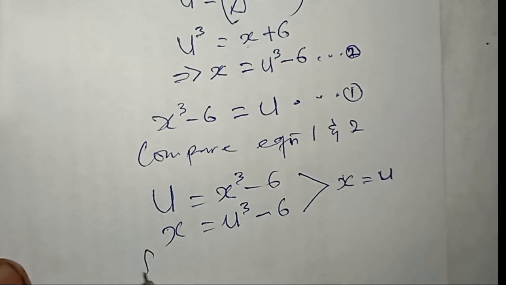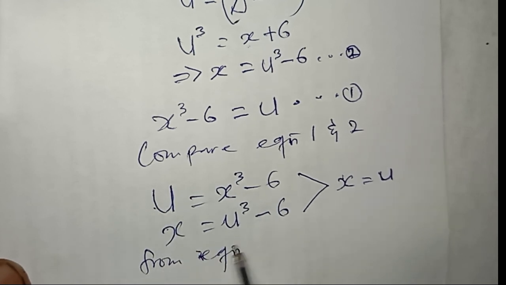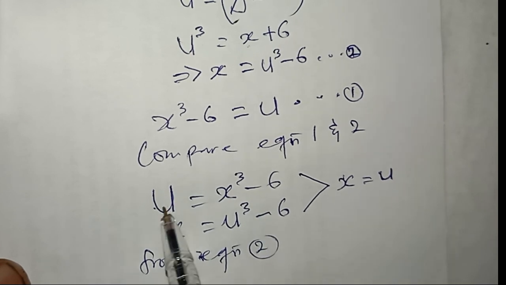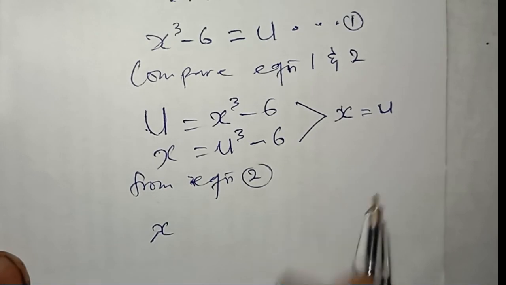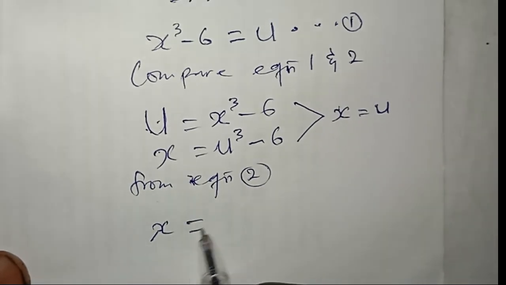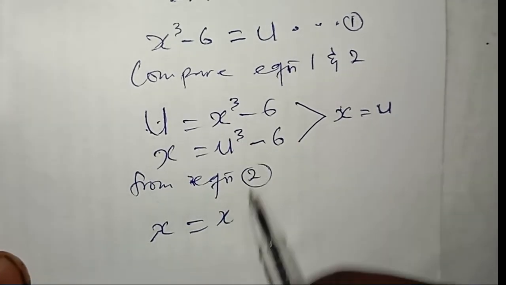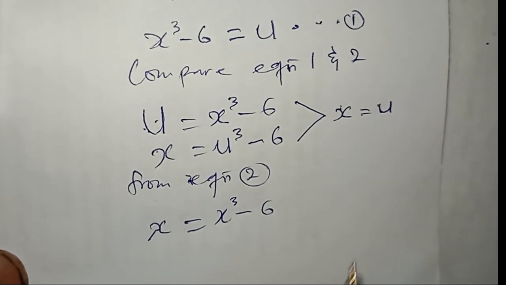Let's go from equation 2. From equation 2, this u becomes x, so x is equal to x cube minus 6.